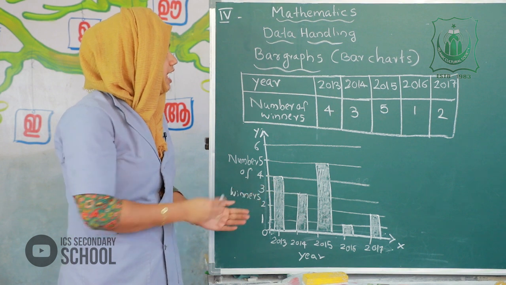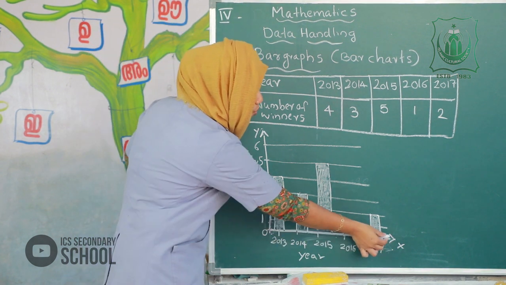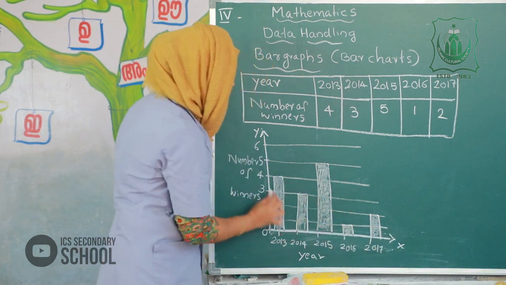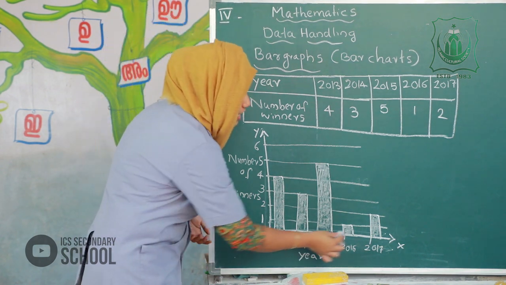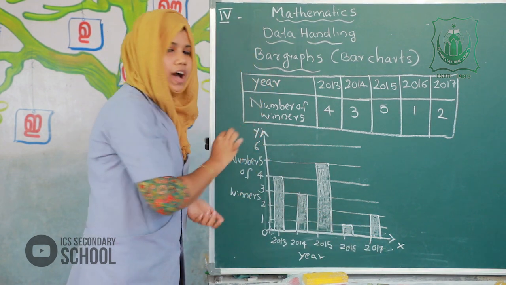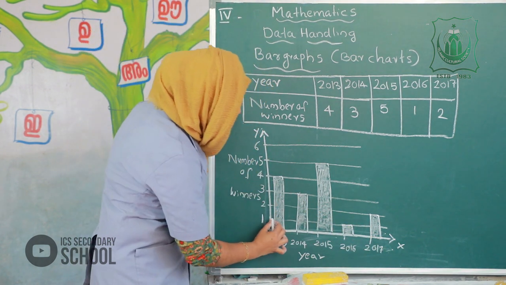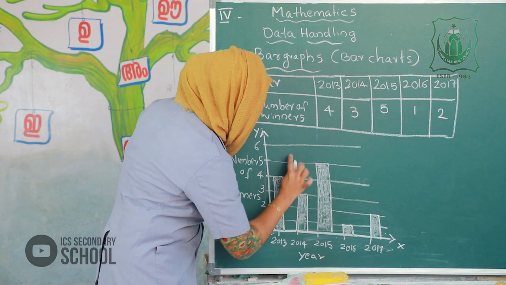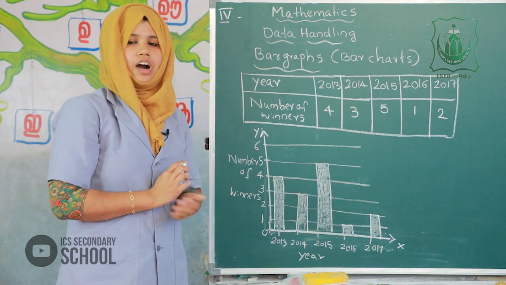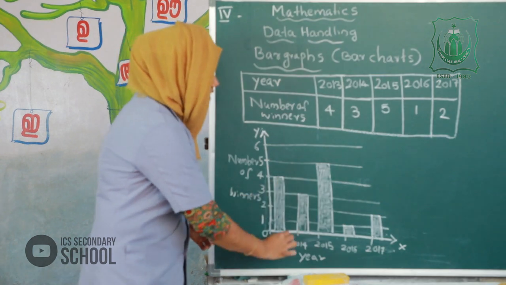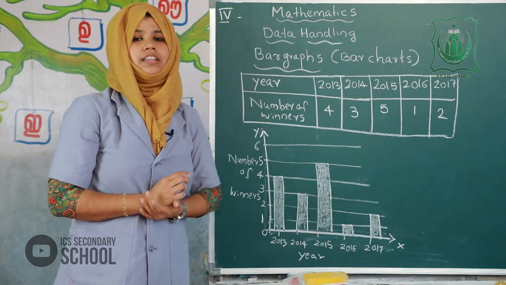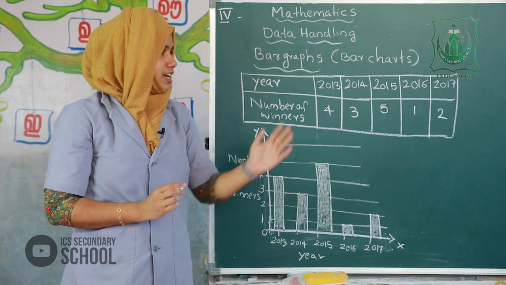A graphical representation in a bar graph consists of two lines, that is horizontal and vertical line. Horizontal is the x-axis and this is the y-axis. And also we make lines at equal distance. After that we draw the rectangular bars for the data. Okay, is it clear?